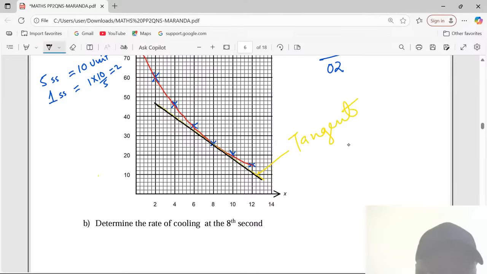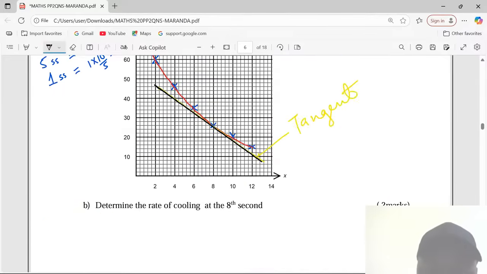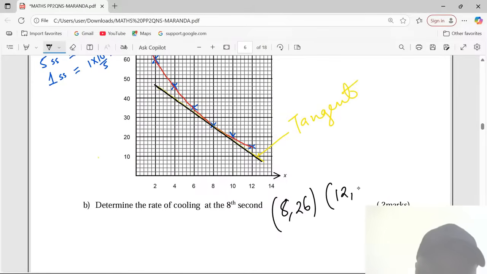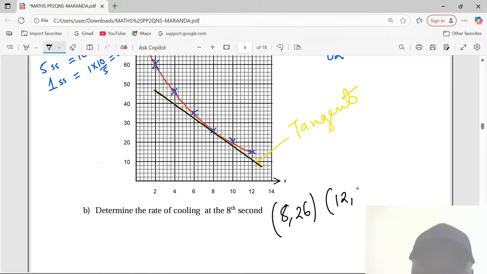The first point is 8, 26. One of the coordinates is 8, 26, and another coordinate along the same is 12, 10. 12, 10 is on that tangent.